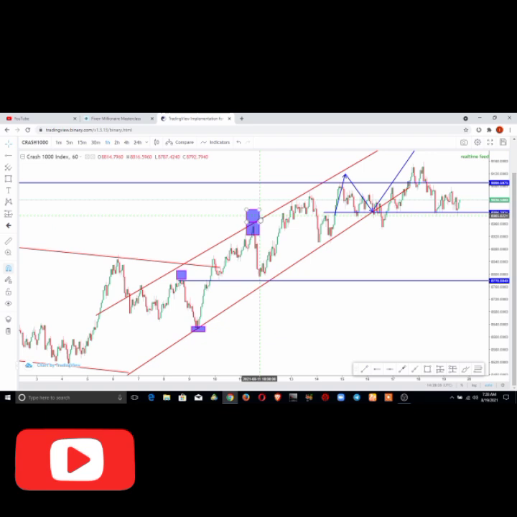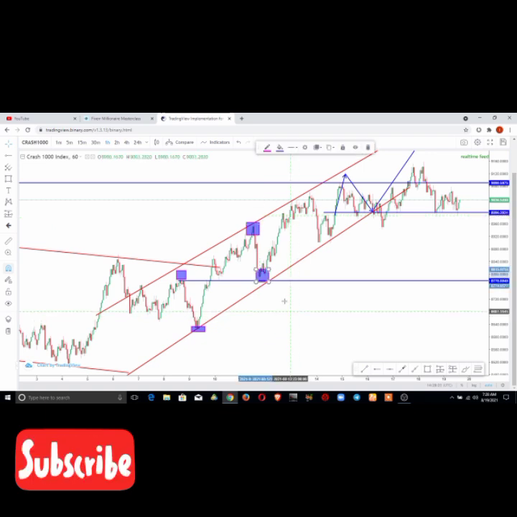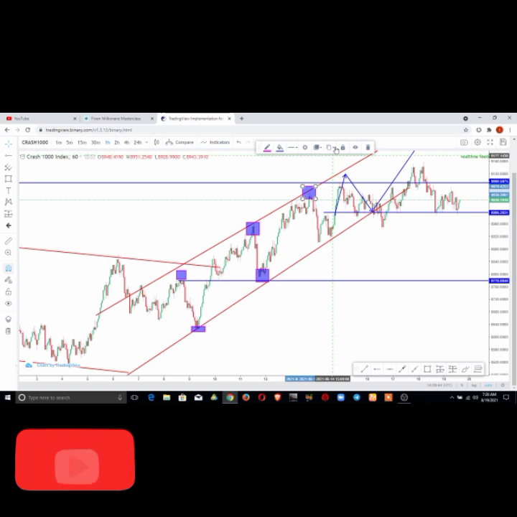A lower high. Okay, so these things you are seeing here are what is called market structure. We want to understand what is happening in the market. Another higher high, right? And we have a lower low, a lower high rather.